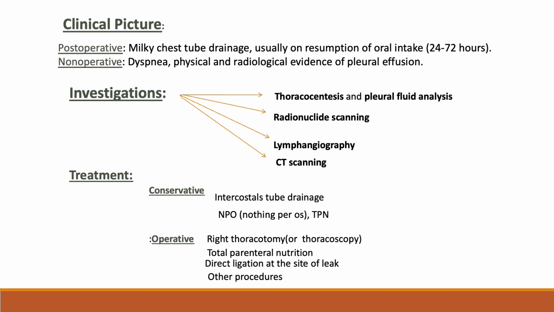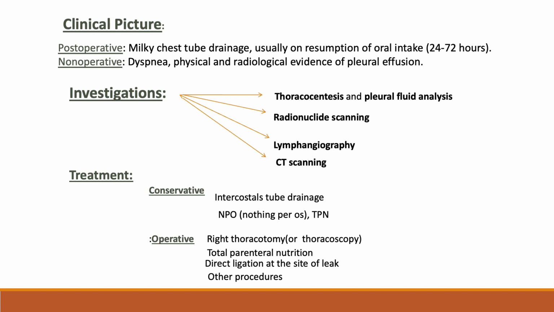We have TPN, which is total parenteral nutrition, a fat-free diet, and medium-chain fatty acid supplements. And sometimes in some centers they might give somatostatin, which will help to decrease the output of the drains and help to improve the outcomes and the healing of the thoracic duct.